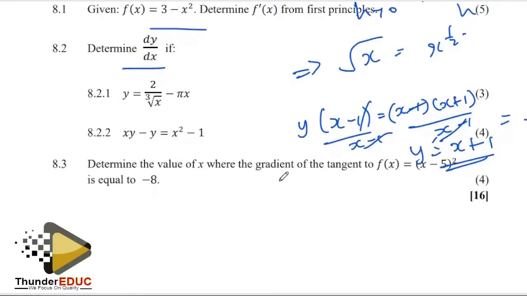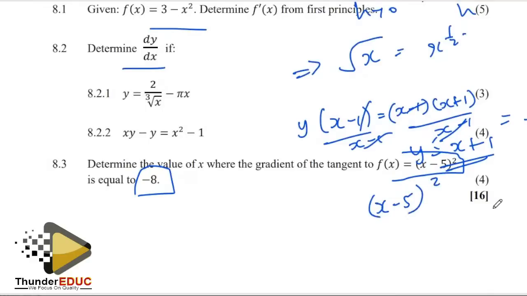8.3 times the value of x, where the gradient of the tangent to this graph is equal to -8. They want the value of x, where the gradient is -8. So open this thing up. Okay, so it's x minus 5.